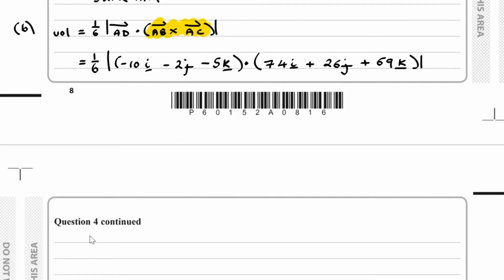And continuing with this calculation, we have 1/6 times the magnitude of the dot product of these two: 10 times minus 10 times 74, that's minus 740, minus 2 times 26, that's minus 52, minus 5 times 69, that's 345.